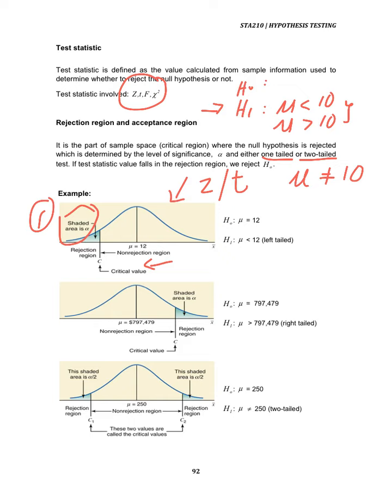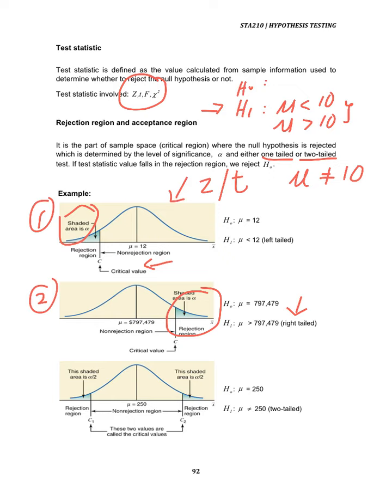Berbanding contoh yang kedua ni. Okay, kita state mu equals to 797,479. H1 kita mu greater than 797,479. So, kita kata dia adalah right tail. So, kita punya rejection region adalah berada di sebelah kanan, sebab sign kita tadi greater. Okay, macam mana kita nak decide whether we want to reject or accept the H0? Kita akan compare value test statistik kita dengan critical value.